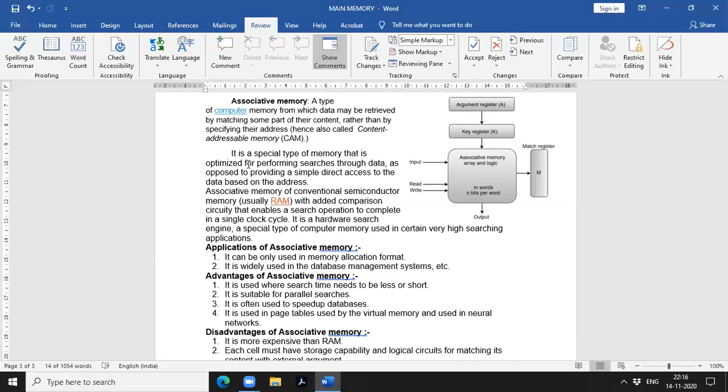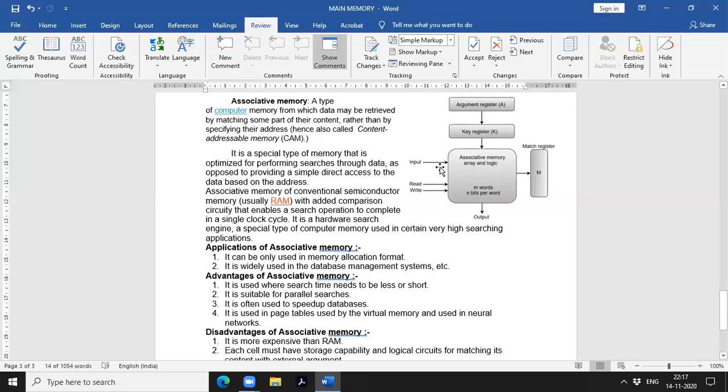So this associative memory is mainly used to search the data in applications. The argument register is the content of your data, and the key register is the key item of your actual data. Here we are using content addressable memory to store the data.